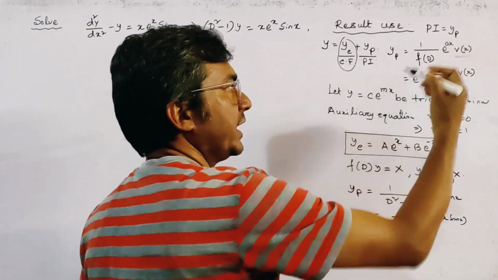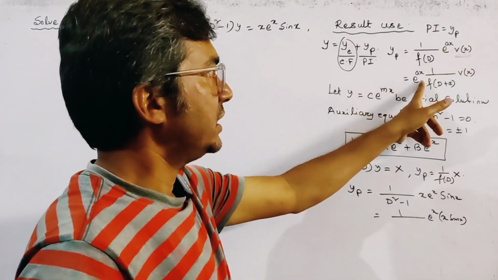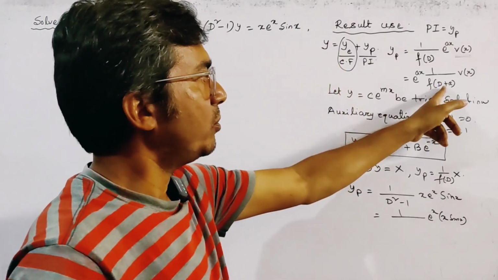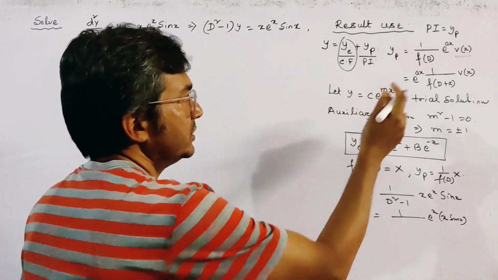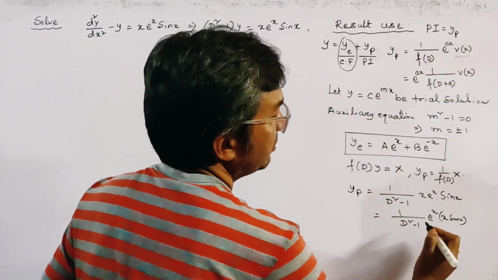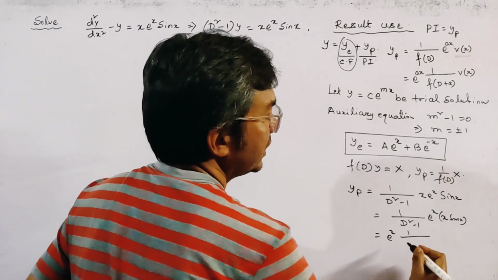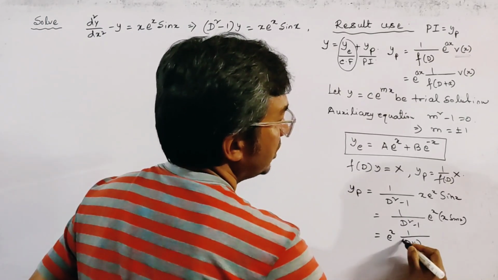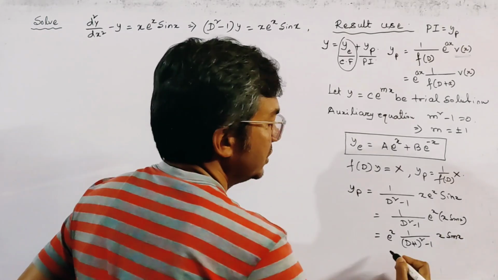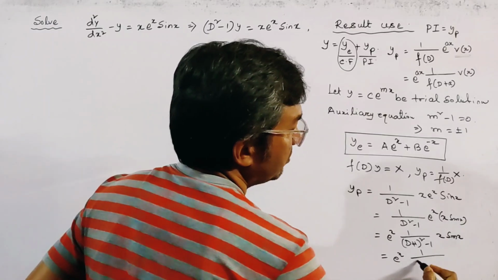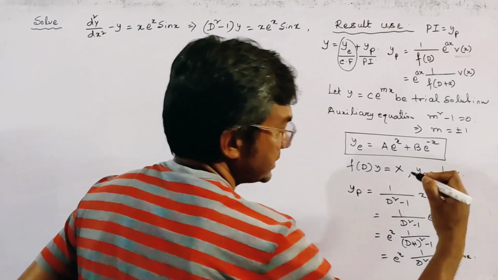We write e to the power x on the left side of the operator, and the operator becomes D plus a in place of D. So we write D square minus 1, and then e to the power x into 1 by (D plus 1) whole square minus 1 into x sin x. So e to the power x into 1 by D square plus 2D, into x sin x.